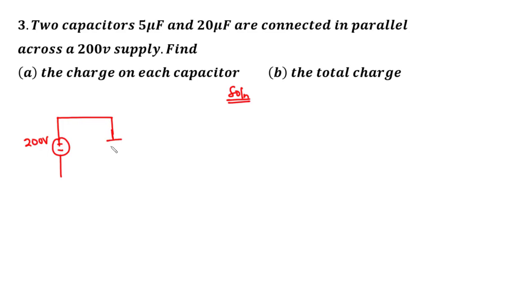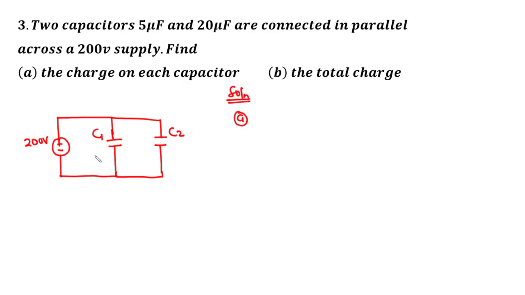So let's say this is C1, and then this is C2. So C1 and then C2. Great. Now we want to find A, the charge on each capacitor.